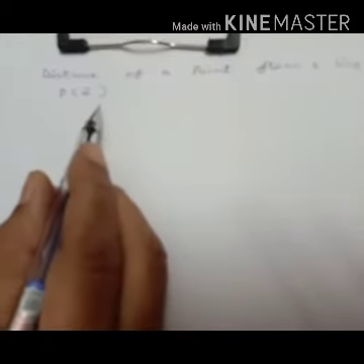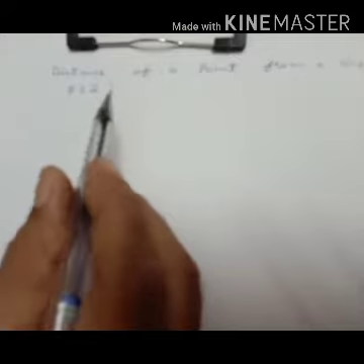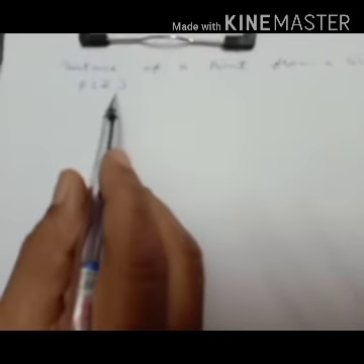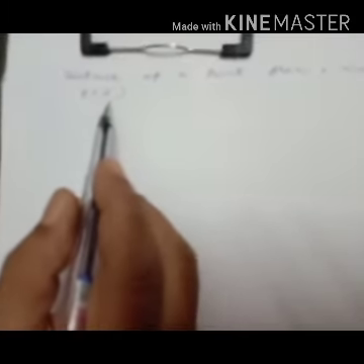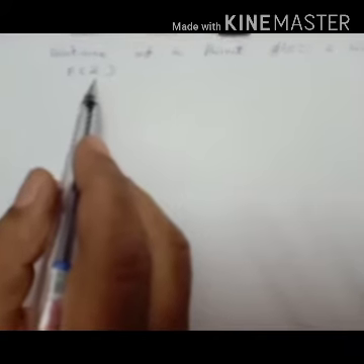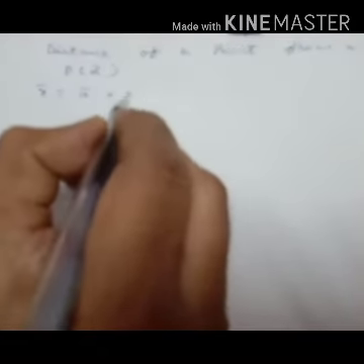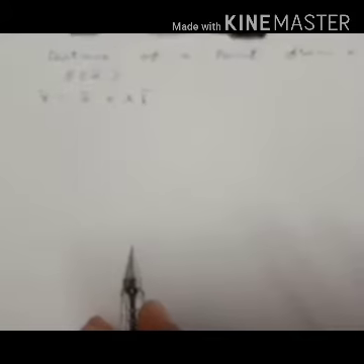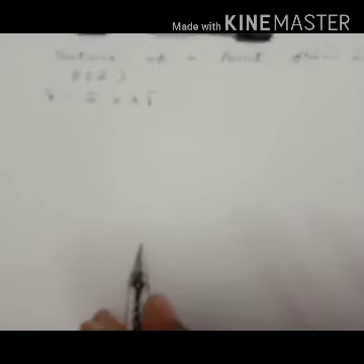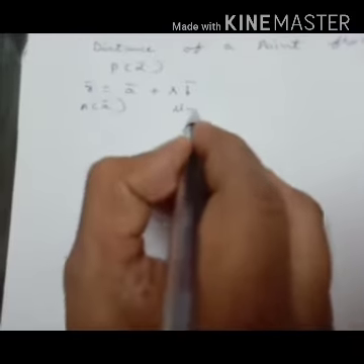So here the position vector of a point is known, and suppose the equation of the line is known in vector form: R bar equals A bar plus lambda B bar. This is the equation of a line in vector form, where A is a point on the line with position vector A bar and the line is parallel to vector B bar.